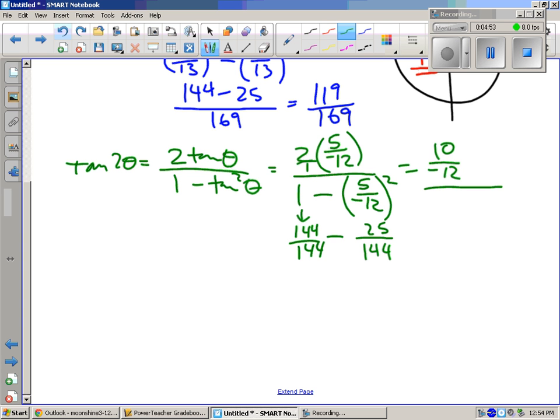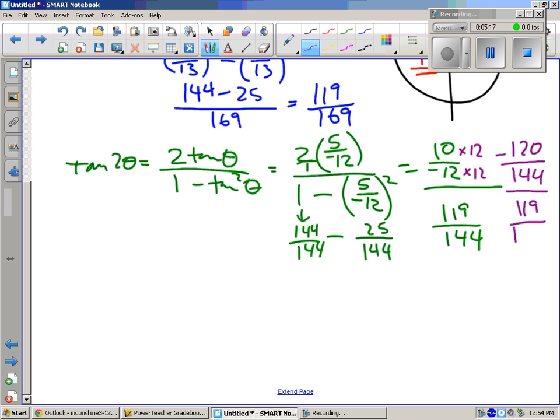So subtracting those, 144 minus 25 is 119 over 144. Now you can invert and multiply and so on, but what I like to do is get my denominator the same. So I'll have negative 120 over 144 for the top, and then 119 over 144 for the bottom. So 144s can cancel, and I'm left with negative 120 over 119.